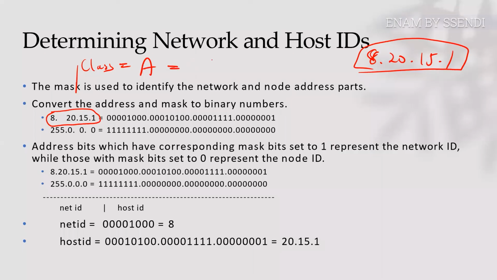And we know that class A has 8 network bits. That means that with our default subnet mask, all the ones in the first octet will be on, and the others will be 0.